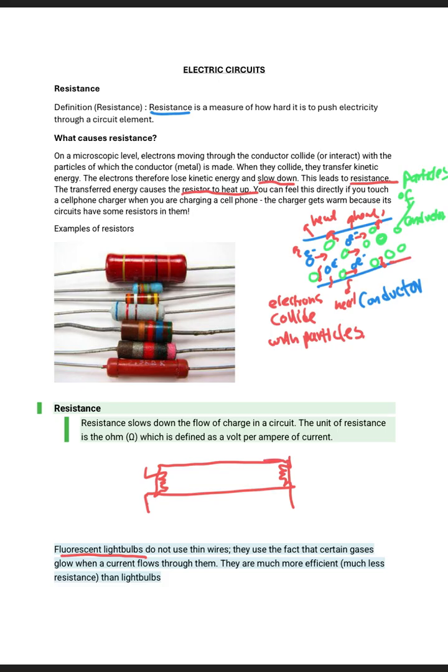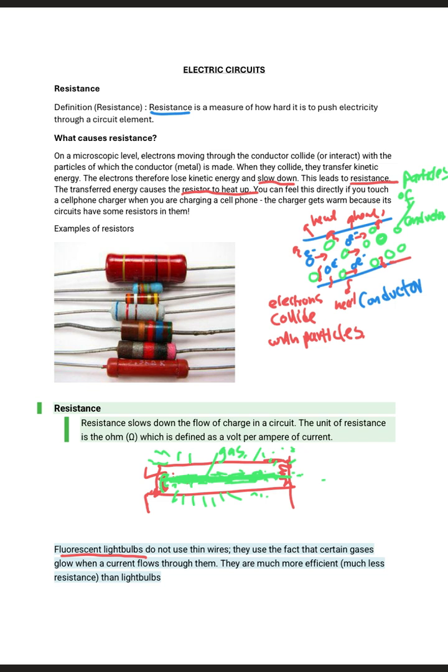So what is happening is that as current reaches this point, you have a gas here, and when the current reaches this point, it heats up here and can travel in between. As the current travels through the gas, creating heat, it causes the fluorescent light bulb to light up.